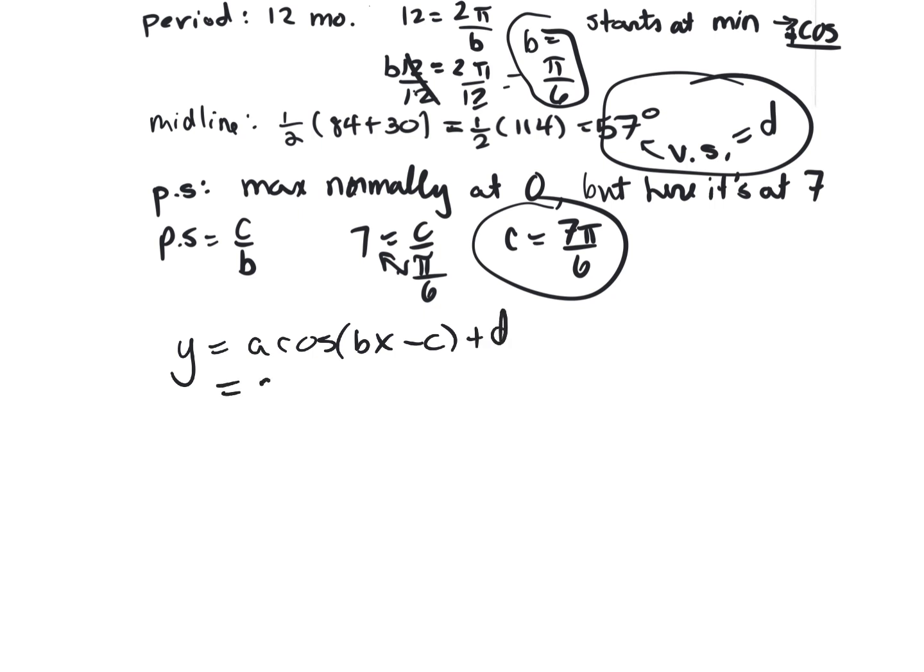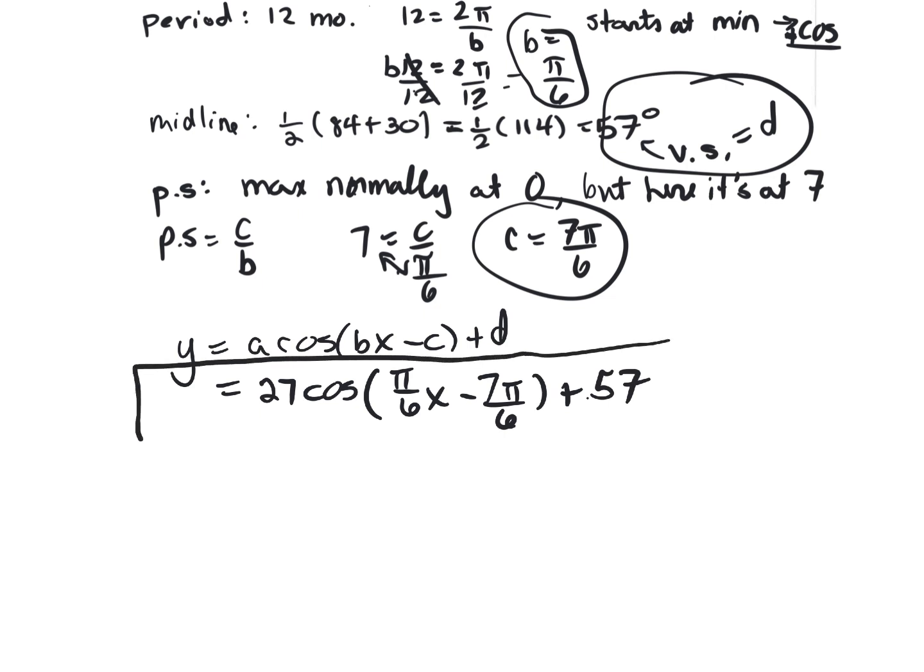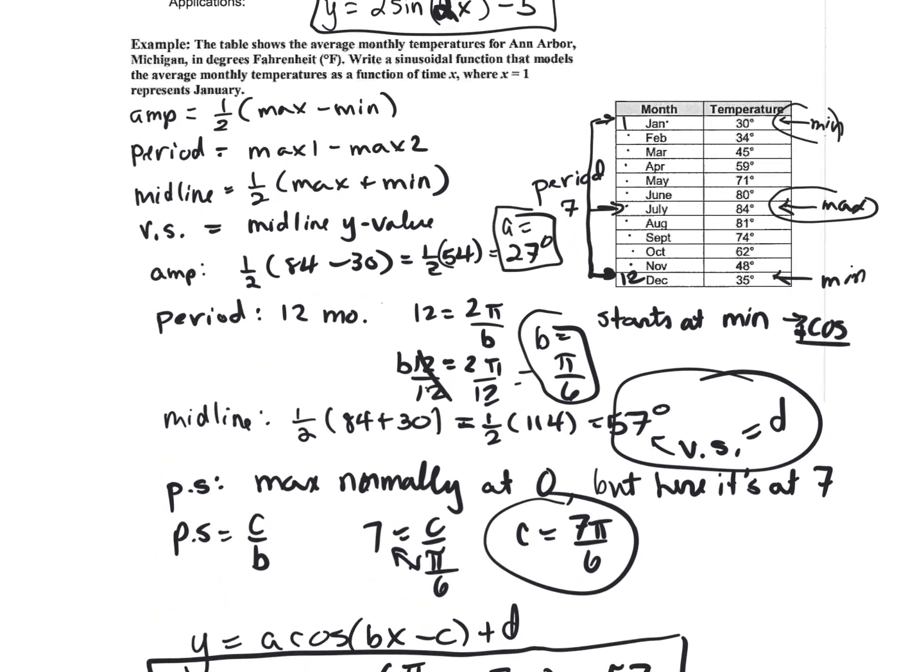A we said was 27. Cosine of pi over 6 x minus C, which was 7 pi over 6, plus D, which is plus 57. And that would be how we do that with real data.